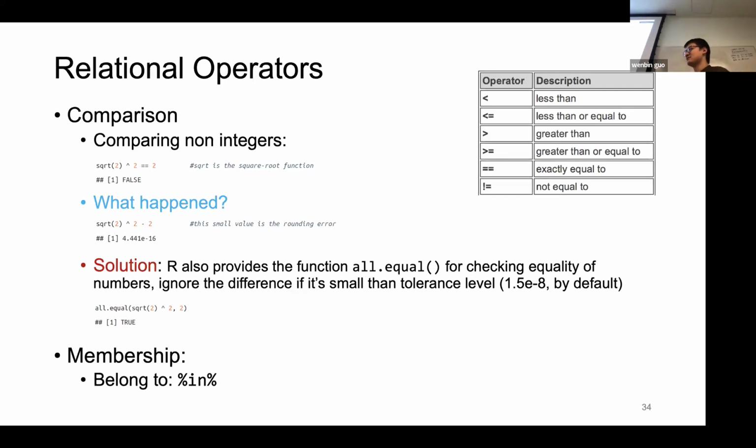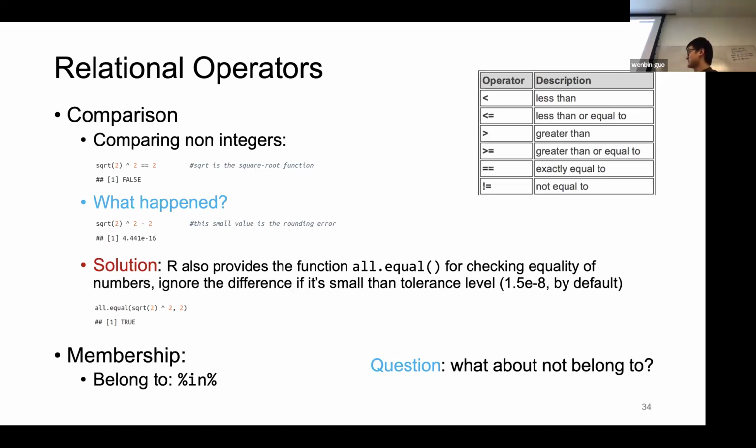I'm a student at UCLA, so I belong to it, right? This membership operator is sometimes useful when you are trying to check whether a value is in some set. For example, you want to check whether a particular gene is in the DE genes list. You do the differential analysis and come up with the DE genes, and you want to see whether P53 is in that set. Basically, you can use the membership operator.